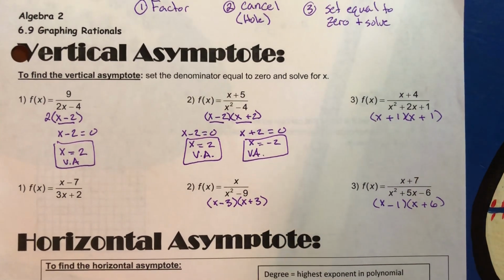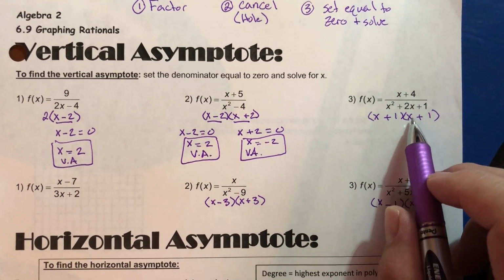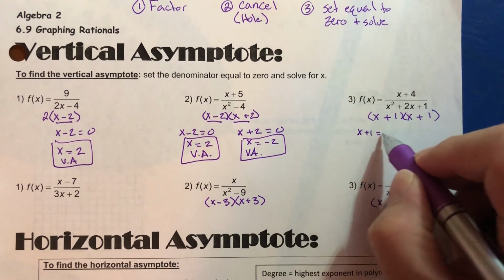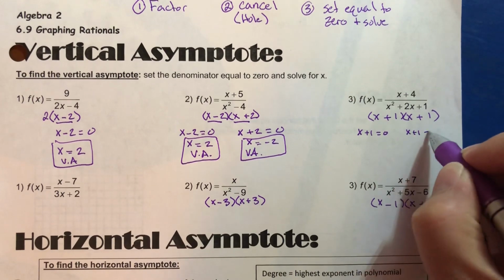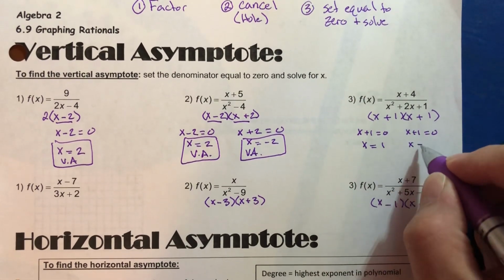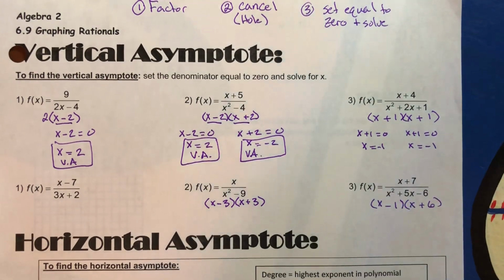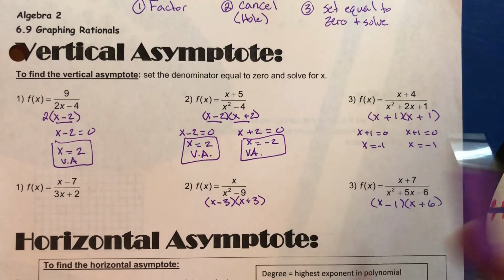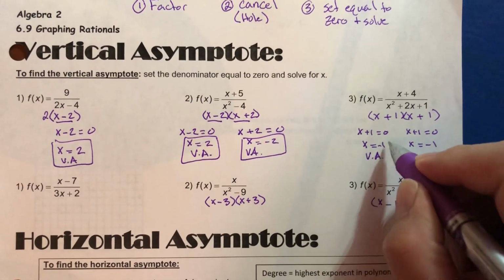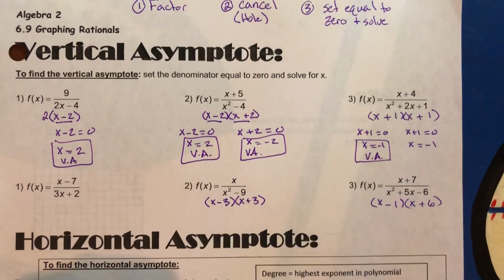And then for number 3, you guessed it, it looks like we're going to have 2 again. But when I set that equal to 0 and solve, you're going to see that it equals the same thing. Sorry, it should be negative 1. If they ever equal the same thing, then you really just have one VA at that one intersection.